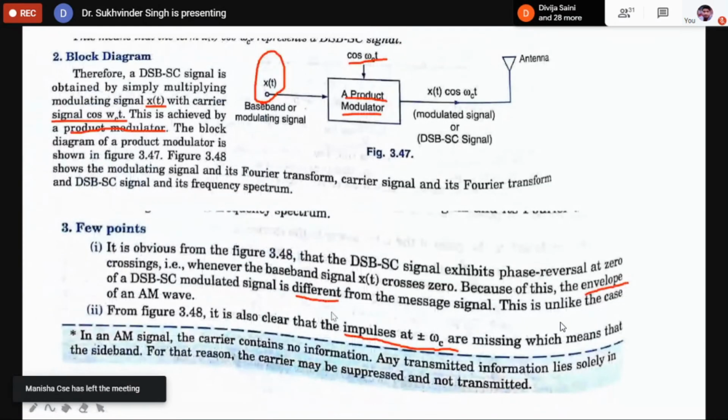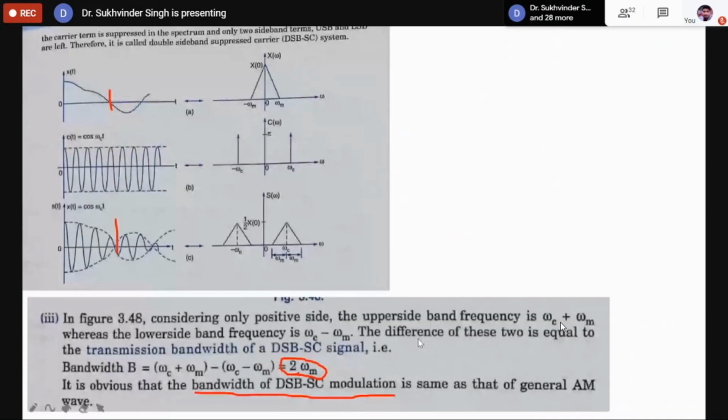The second thing is that impulses are missing in double sideband suppressed carrier. Further, the bandwidth of the signal is equal to upper sideband frequency minus lower sideband frequency, and this comes out to be twice omega m. The bandwidth for the double sideband suppressed carrier is the same as that of amplitude modulated wave.